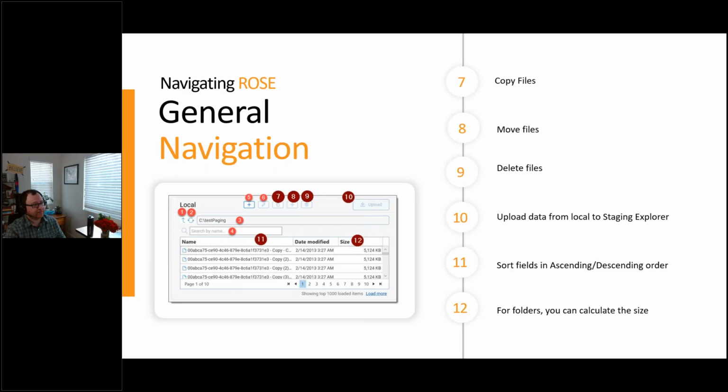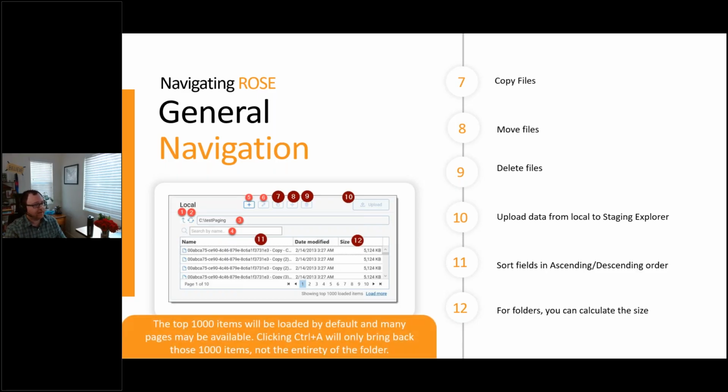And 12, if you need to calculate the size, you're able to click on the little binoculars, and it'll calculate the size of that particular folder. So just a quick note, the top 1,000 items are displayed by default, and there are multiple pages. If some of you are good with Windows commands, Ctrl+A will typically highlight the entire volume, but it'll only select those 1,000 items, so just a note there.